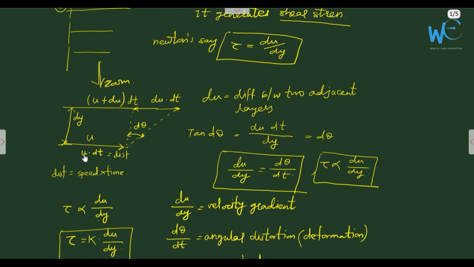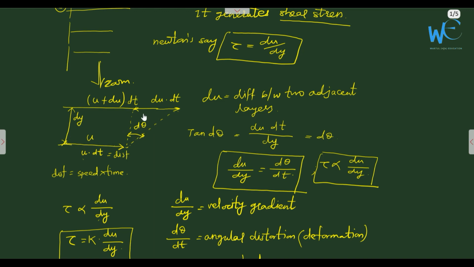So I just refer to this formula here. Here I put u, and here u plus du, multiplied by time, which is dt, and the distance between these two adjacent layers is dy.